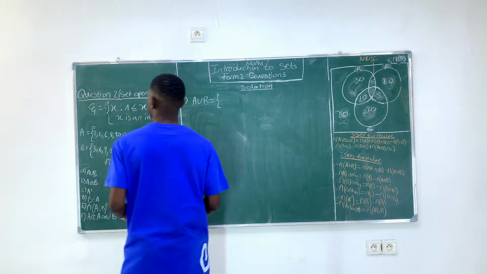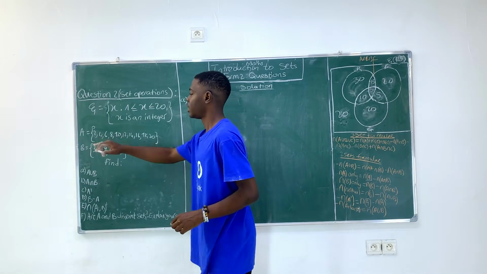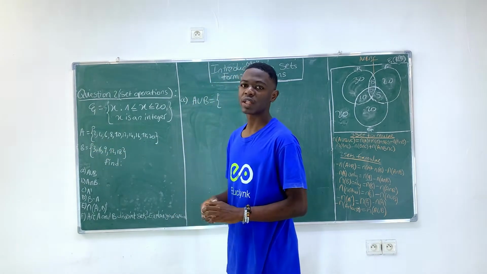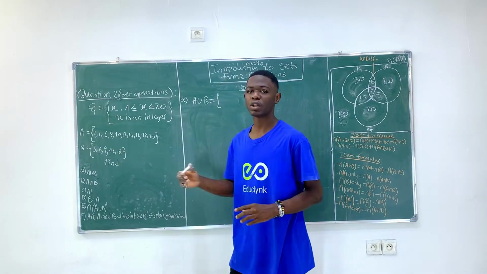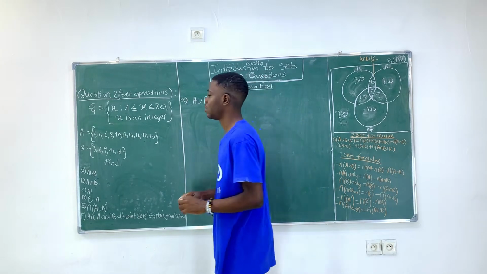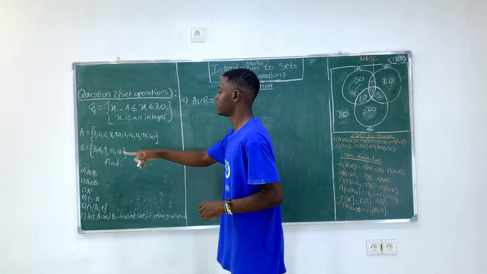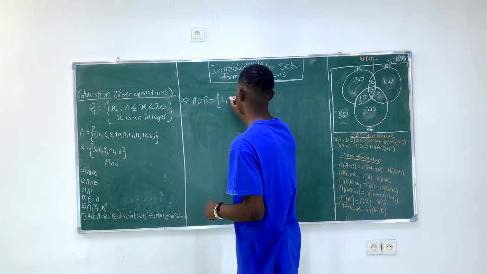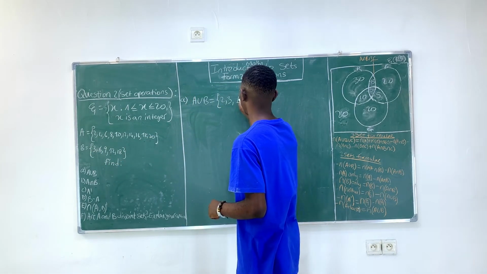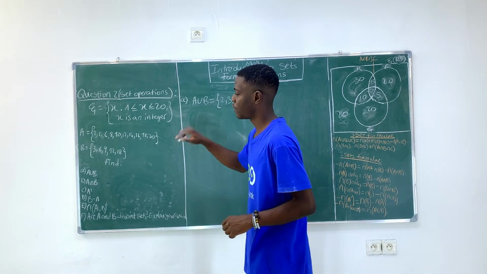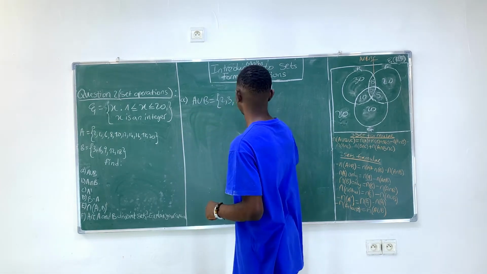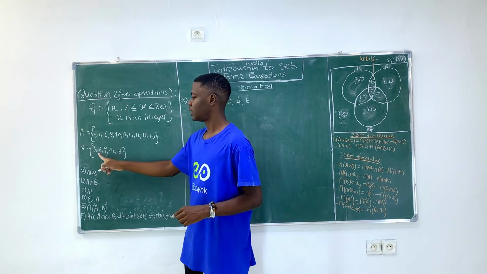So what does it mean? You're taking all of the values. I will recommend to take them in ascending order, from the smallest to the biggest. The smallest here is 2, then 3, right? 3, then 4, then there's no 5, it's 6. You see there is 6 here and here.